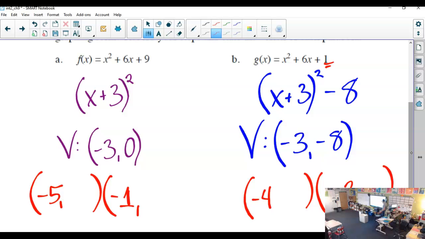5.0999. Graph this real quick. Does it have zeros? Throw this in Desmos. X squared plus 6x plus 1. This one's gonna be really close to 5. 5.828. Oh yeah.